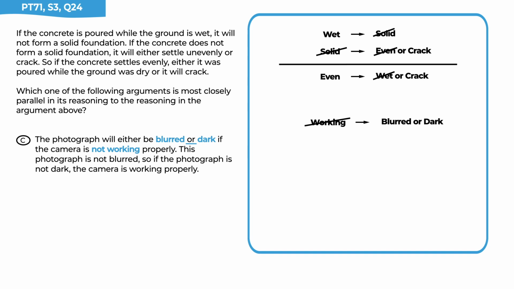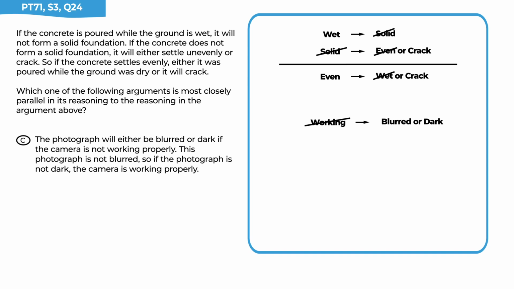It doesn't matter what order they present the ingredients, as long as we get both of those conditionals. So I'm not going to hold it against C that it started with a conditional that has or in the outcome. What I'm going to need now is that other conditional that should say, if something, then not working. It needs to end with not working.